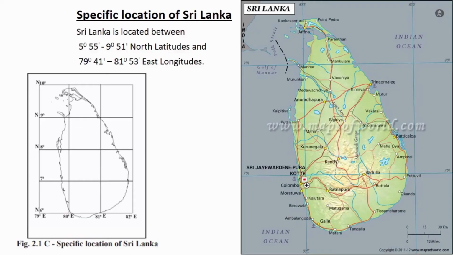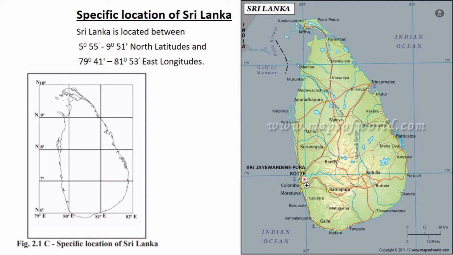Okay, now let's look at the specific location of Sri Lanka. Here you can see two maps. In these maps, you can see some horizontal lines and vertical lines. They are latitudes and longitudes. These lines have values.